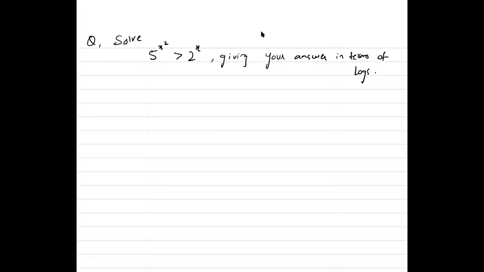Apply log on both sides, or first do the power rule. First, you will have to convert this into a log form to apply the power rule. The power rule was applicable on the log. So this x square is going to come over here. This x can come over here. So you can write this as x square times LG5 greater than x times LG2. So far, so good. Yes, sir. Then what are you going to do?